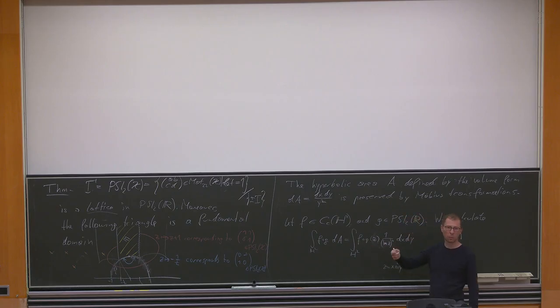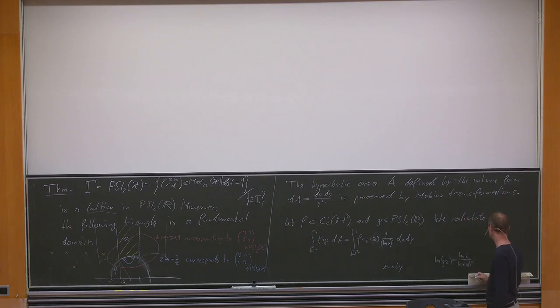So we use the formula that we already understand and used a zillion times, one more time. That's the blue box from just before. So the imaginary part of Gz squared is equal to the imaginary part of z over the absolute value of cz plus d squared, and I square the whole thing, and I get this formula.